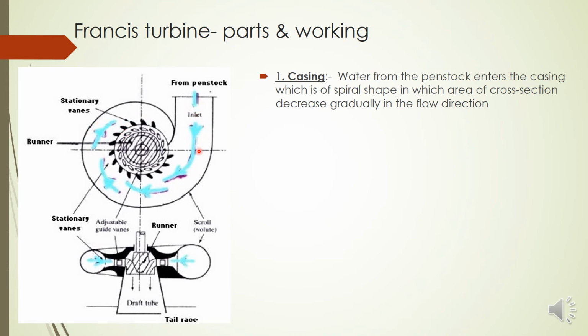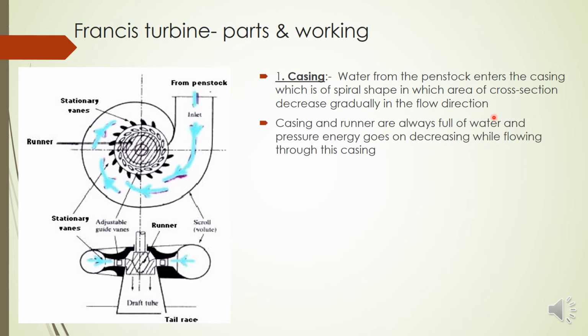When it goes from inlet to outlet, its area is decreasing, so it has a hydraulic function. And it will be full of water. The casing and the runner will be full of water. Then only it will have pressure energy more than atmospheric pressure. Why is it full of water? Then only it will have high pressure greater than atmospheric pressure.